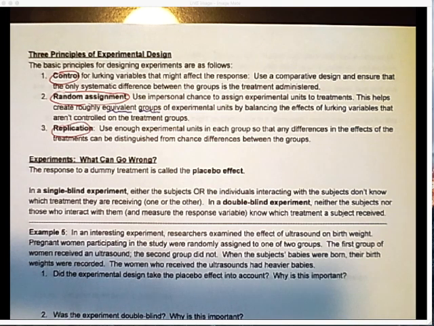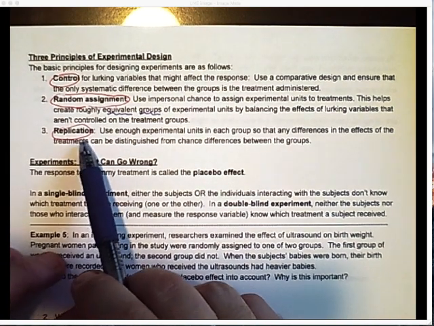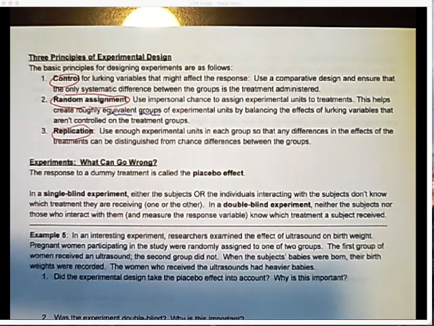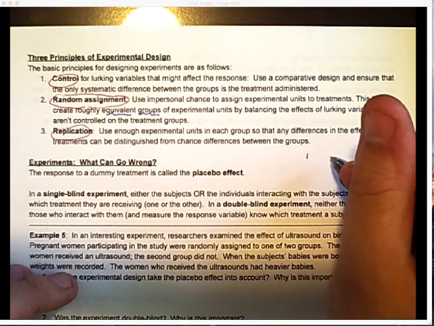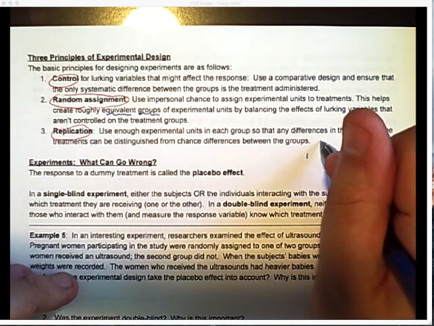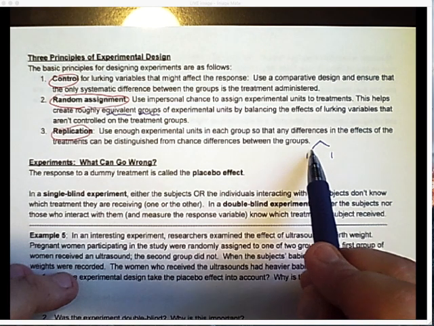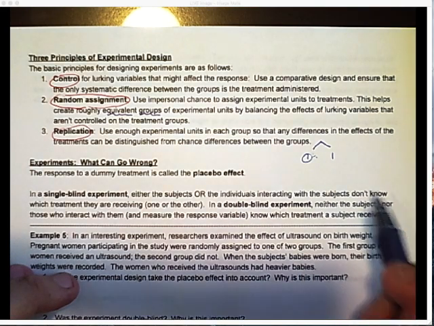And the last principle of experimental design is replication. This doesn't mean replicate the experiment. What this means is that you have enough people in each group to be able to draw conclusions. For example, if you had an experiment with only one person in the first group and one person in the second group, and let's say they're both middle-aged men, and you give this one guy a medication and this guy a placebo.